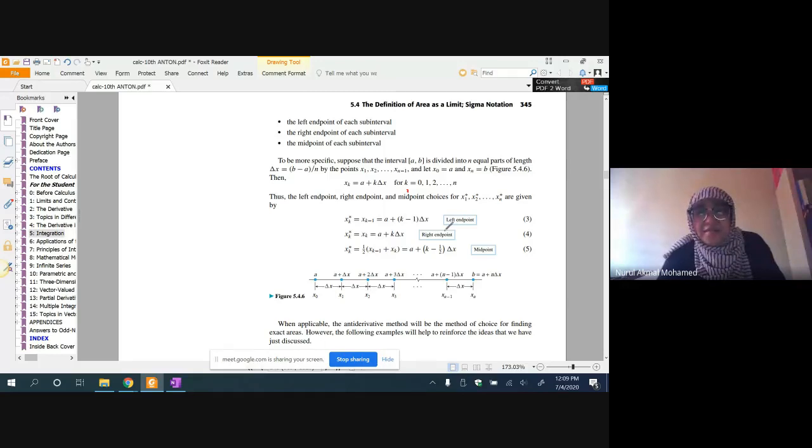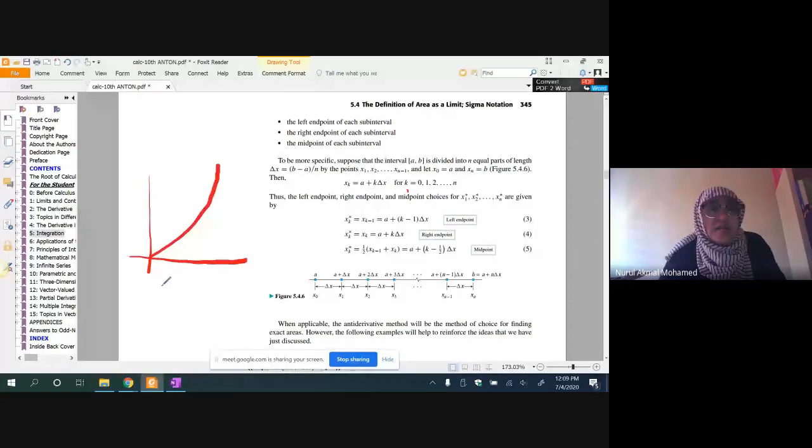The left endpoint x k is defined as a plus k minus 1 delta x, where a is our first coordinate. And our x k is a plus k delta x. Like in the previous example, you have a quadratic function.